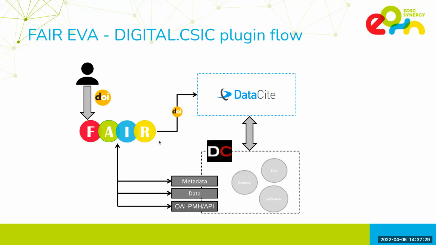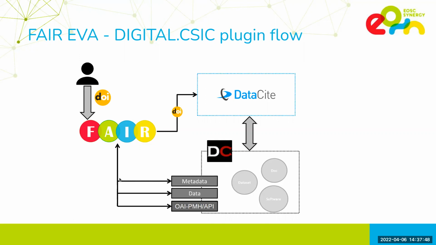I am going to show one specific implementation that works with Digital CSIC. Digital CSIC is our institutional repository at CSIC. And we have implemented a plugin that works directly with this repository system.